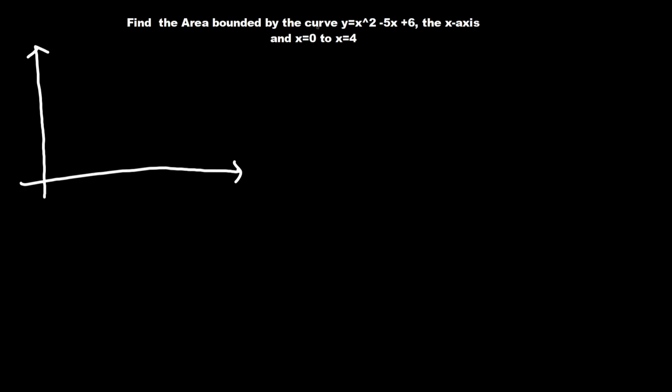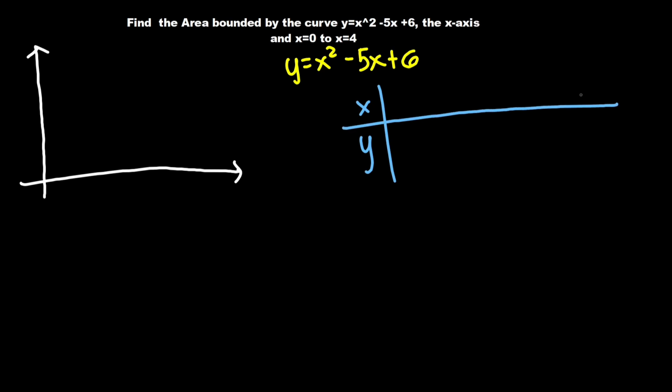Our curve right here is y equals x squared minus 5x plus 6. Let's use our all-reliable method of an x and y table. If x here would be equal to 0, you are left with simply 6.